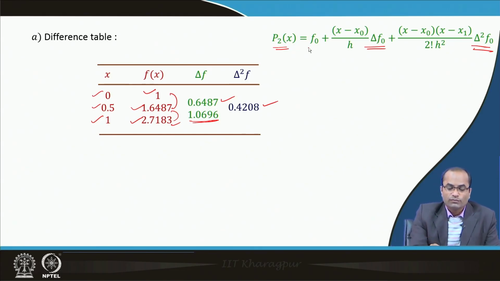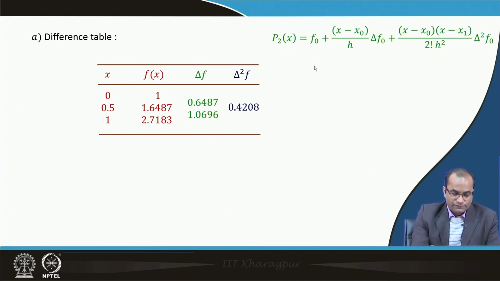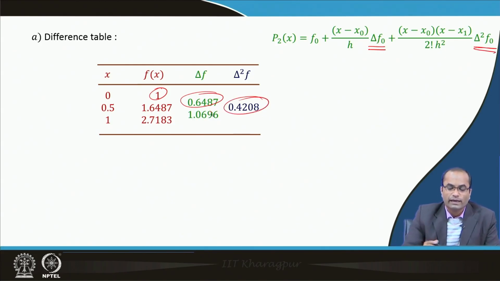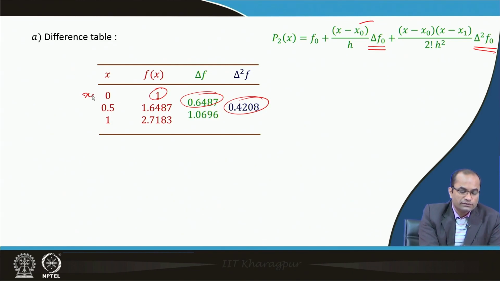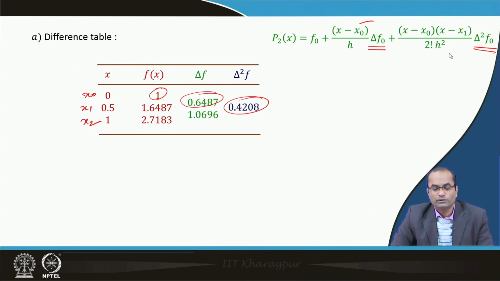And then in this formula we can use this f 0. So, f 0 is already here 1, then we have delta f 0 which is here, and then we have delta 2 f 0 which is given here, and this x naught is this one. Here we have x 1, we have x 2. So, all these values are known now.